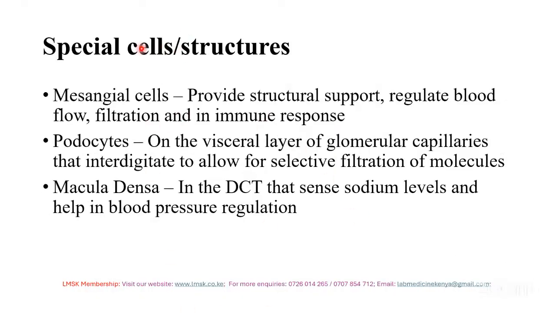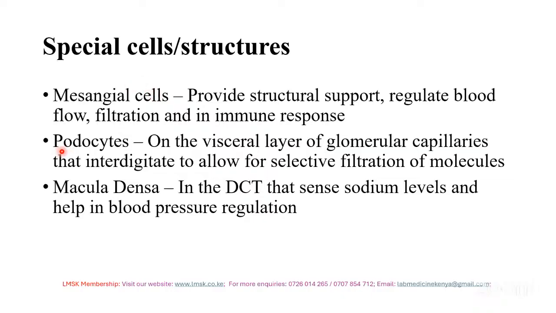I wanted to mention some special cells or structures of the kidneys or the nephron before we go to the individual functions. We have the mesangial cells, which provide structural support and regulate blood flow, filtration, and also work as an immune protection against infections in the nephron.